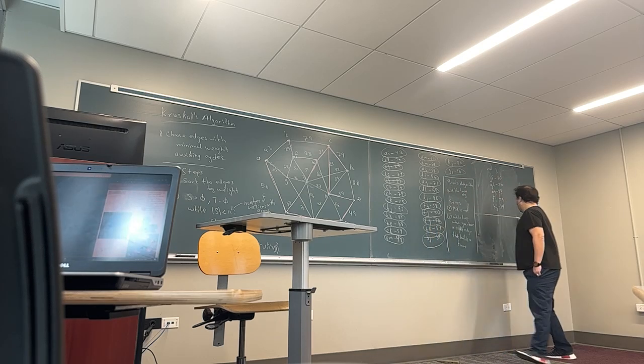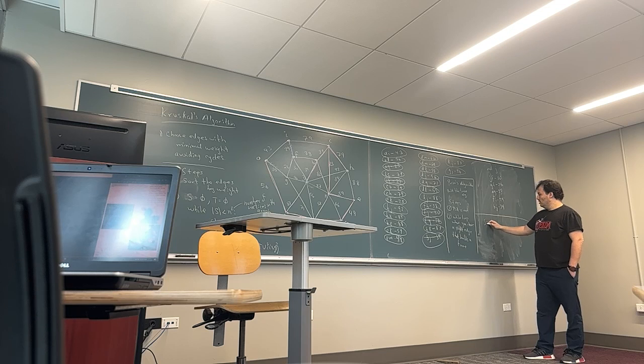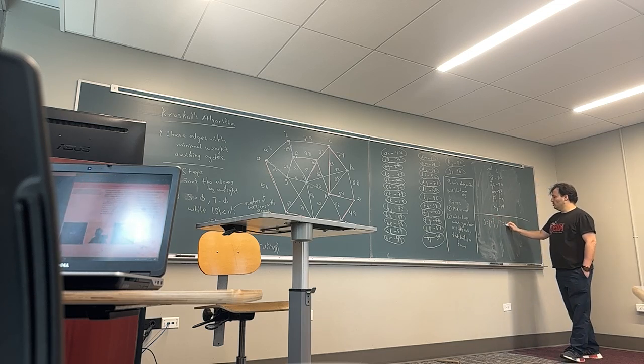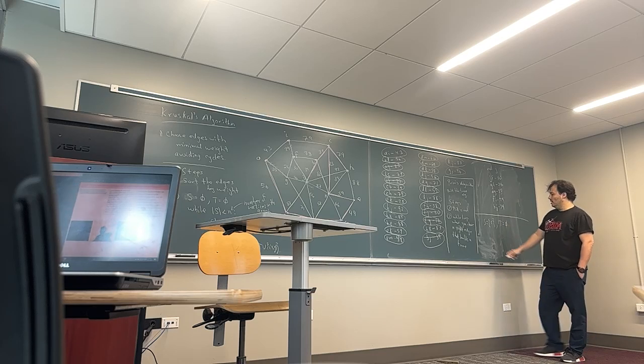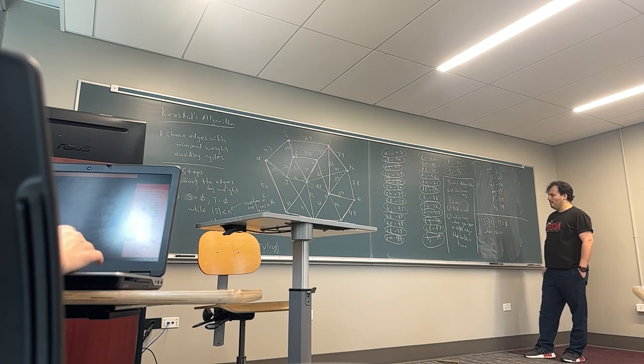So the pseudocode is something like: your initial vertex set S is your root, your tree is empty, and then you do a while loop while the size of S is less than n.